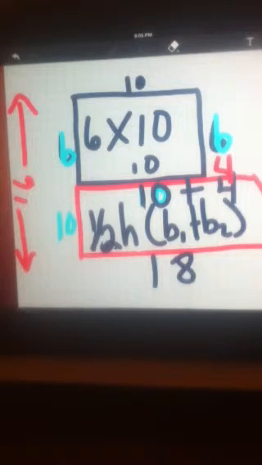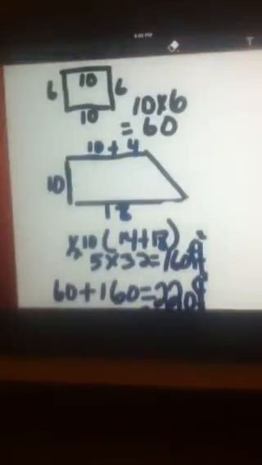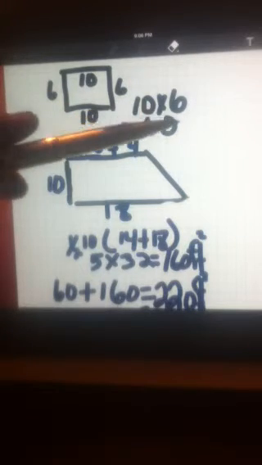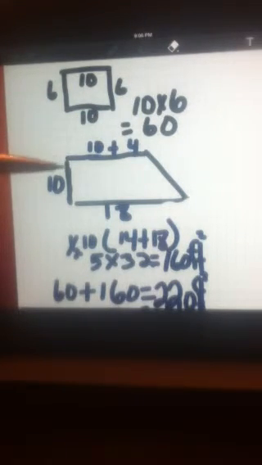So if we go to the next one, we can see how the formulas are plugged in, and we have separated them once again. You can see that the area of the rectangle is 10 times 6, which is base times height. 10 times 6 is 60, and the area of the trapezoid: base 1 is 10 plus 4, and base 2 is 18, the height is 10, which we figured out when we subtracted 6 from 16.